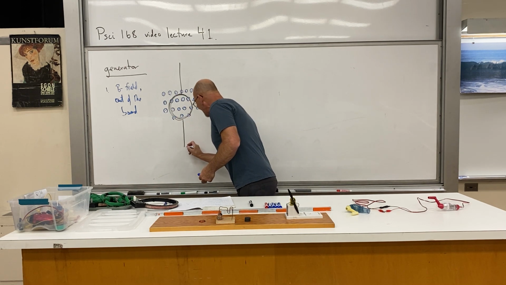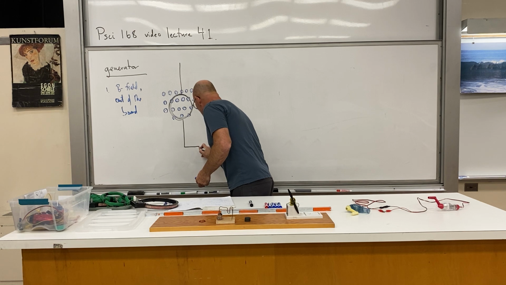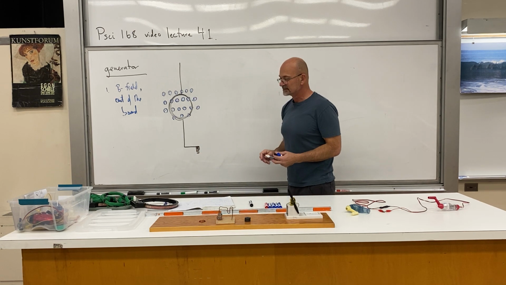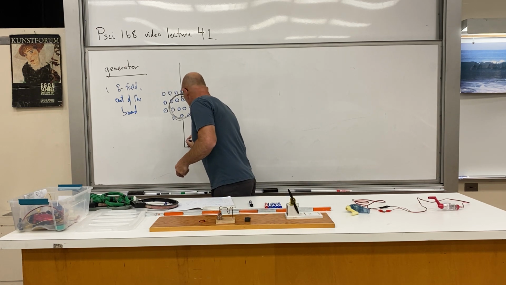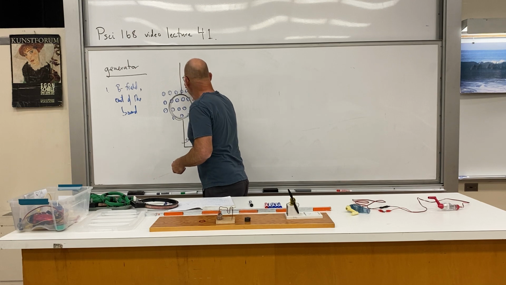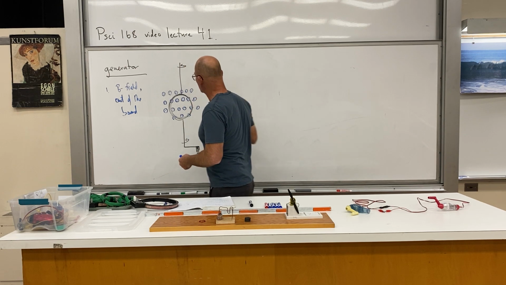We're going to put a handle on here so that we can turn this crank. We can actually turn this, and we're going to turn it so that it turns like that.